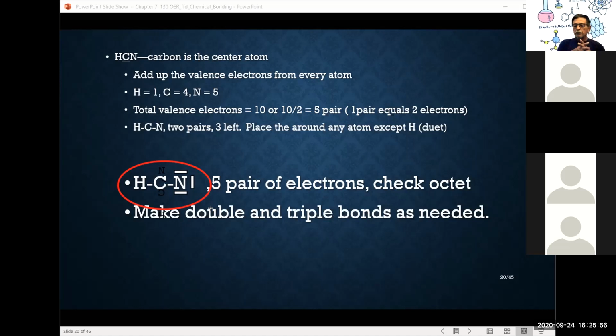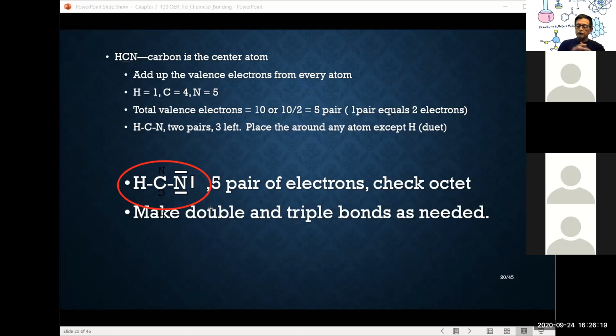Now at this point, we start looking at the Octet Rule. And so you want to adjust those electrons that you have to work with by creating either a double bond or a triple bond. That's as many bonds as high as you can go. There's no such thing as a quadruple bond. It's either single, double, or triple.